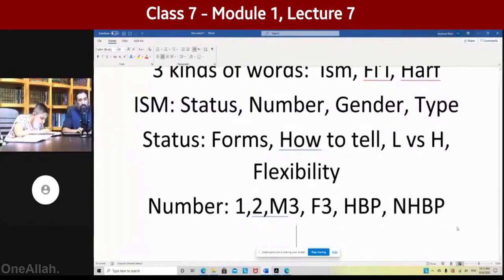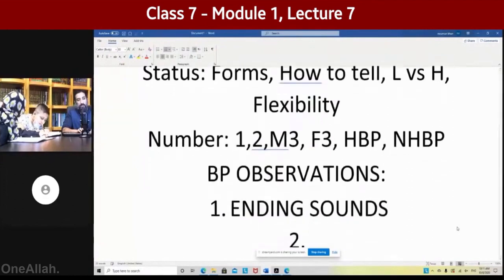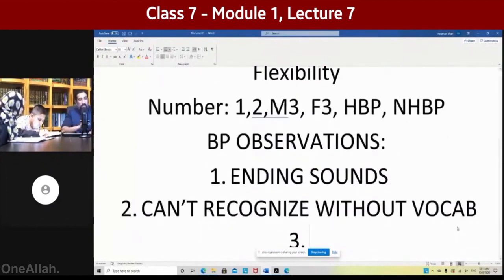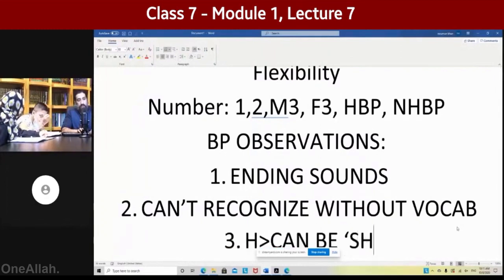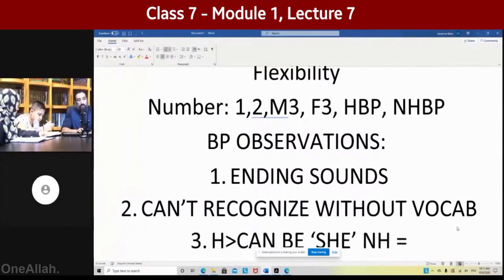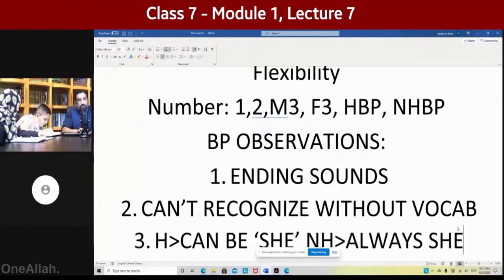So there are a few observations about the broken plurals. Let's write them here because those are easily forgotten. Broken plural observations, just some things you should remember. Number one, they have ending sounds. Number two, you can't recognize them without vocab. Number three, the human ones can be she, and the non-human ones are always she.